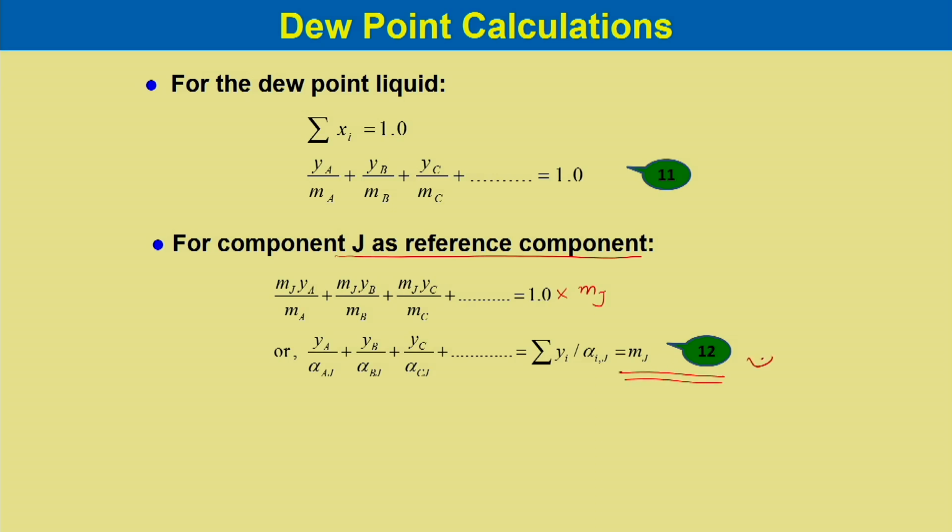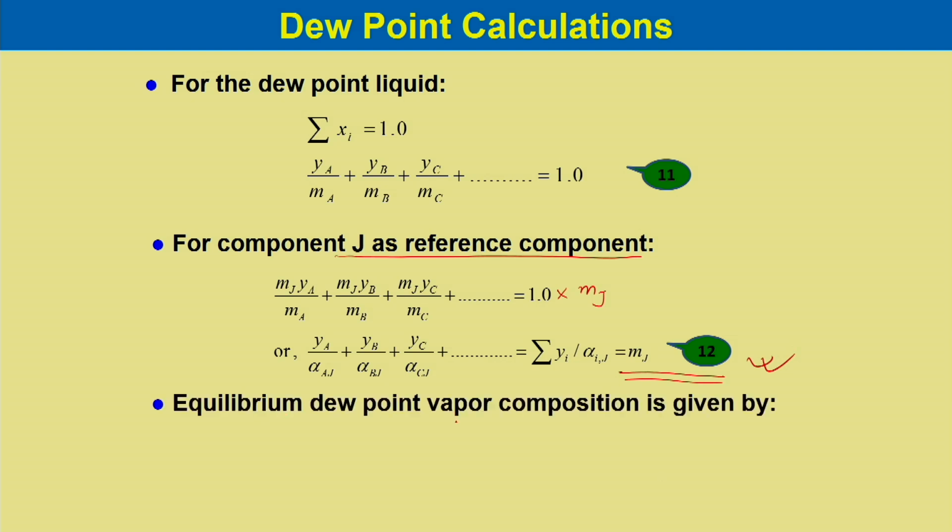So, this is equation 12 for dew point calculation. Equilibrium dew point liquid composition is given by xi would be equal to yi divided by alpha ij divided by summation over yi by alpha ij. So, this is equation 13.